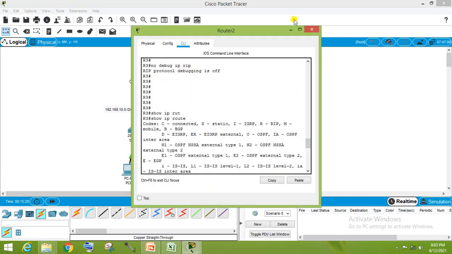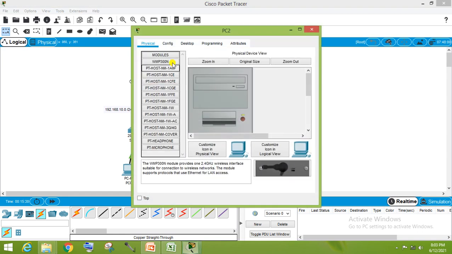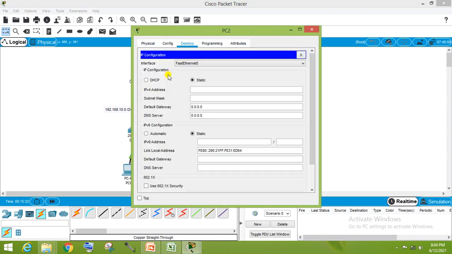Go here: 192.168.30.4, and go here: gateway 192.168.30.1.